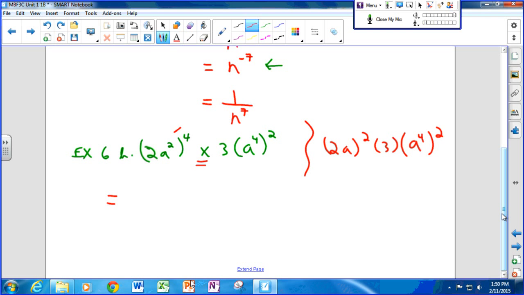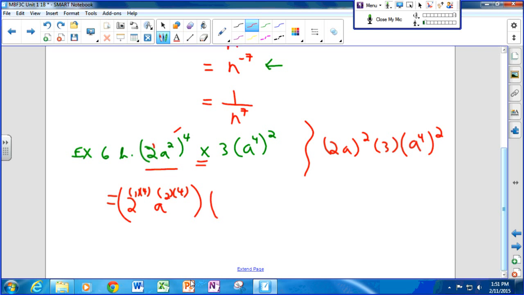Also keep in mind that if there's a constant there, we're also going to have to deal with the constant as well. So we can rewrite this first expression as 2 to the power 1 times 4 times a to the power 2 times 4. I hope my writing's clear enough there. Okay, so that's the first one.